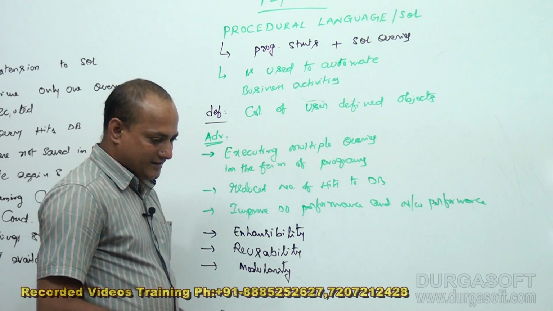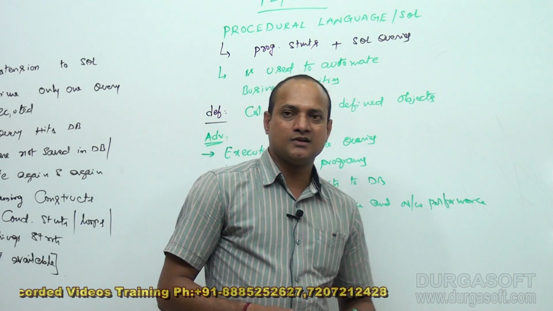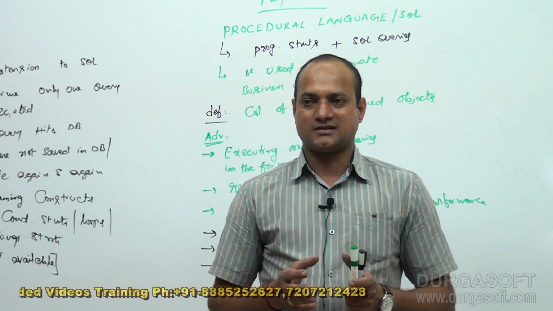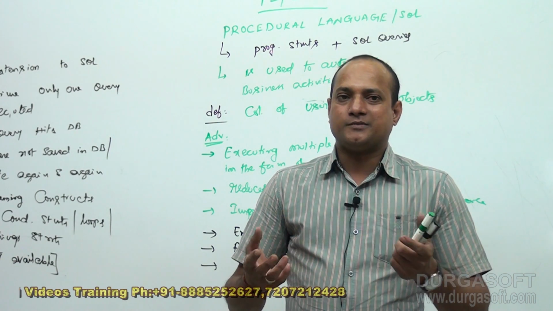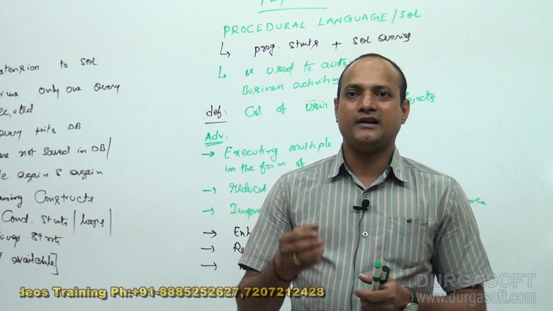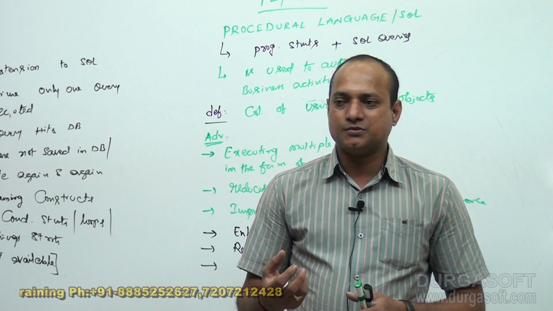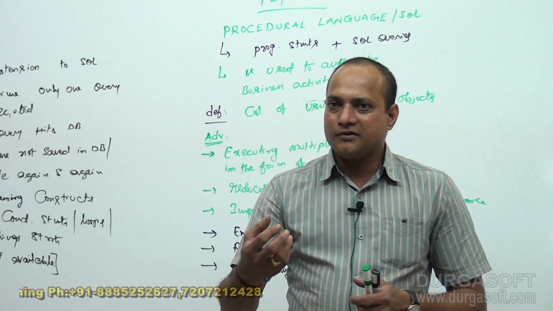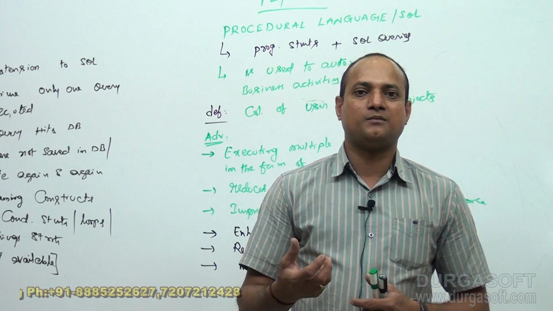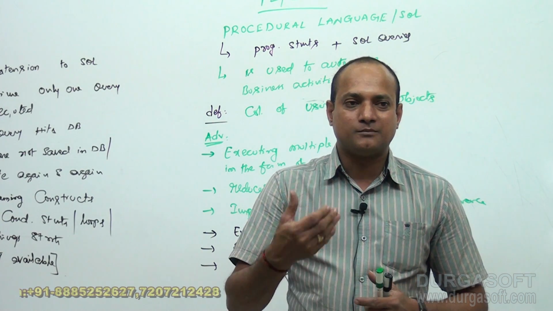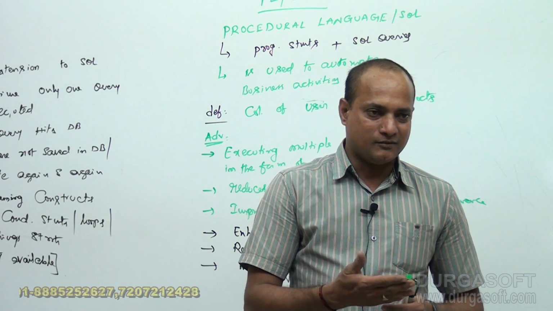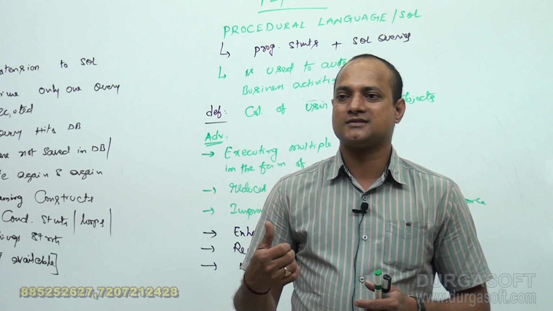What is modularity? Suppose you have a complicated task and you are unable to perform it at a time. Then simply divide it into subtasks. If you feel a subtask is also complicated, with many functionalities, divide it again into further subtasks.